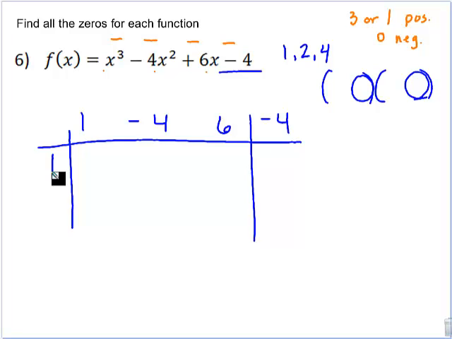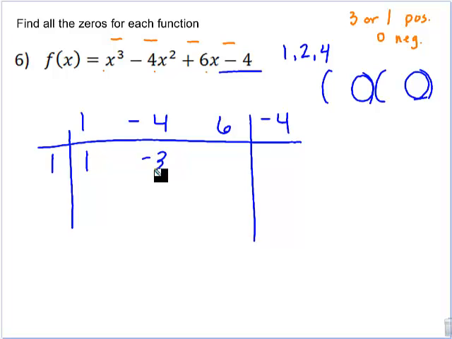So when we do synthetic division, what do we do first? Drop the 1 down. Then what do you do with this 1? 1 times 1 is 1. And then we would normally write it underneath here and add it, but we're just going to do that step in our head. So we're going to have 1 plus negative 4, negative 3.